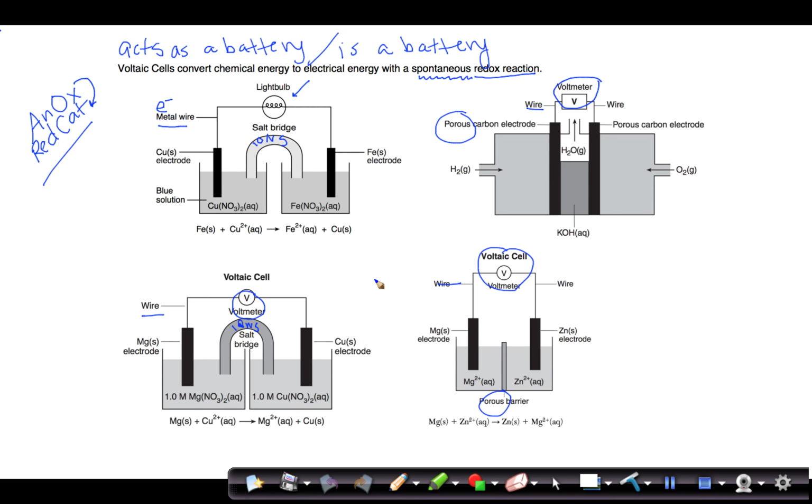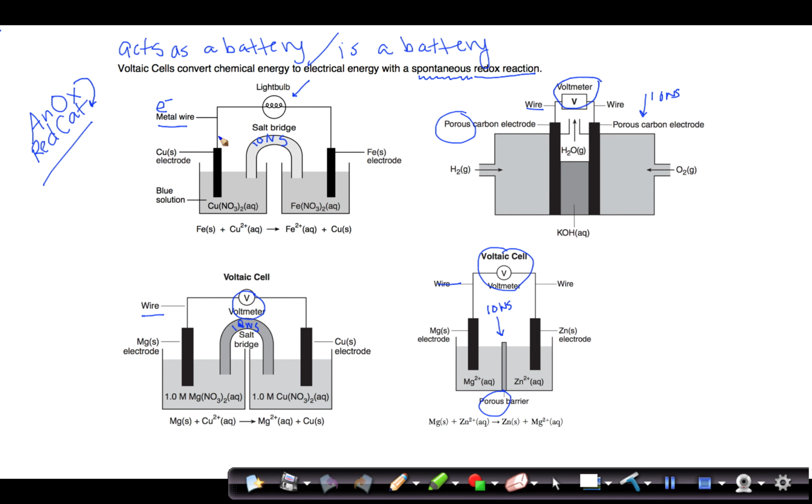So the ions travel in the salt bridge, or they are exchanged through the porous parts. Because as redox happens, we have a buildup of ions on each side, some positive, some negative. So in order to keep these solutions electrically neutral, the positive and negative ions will flow through the salt bridge.